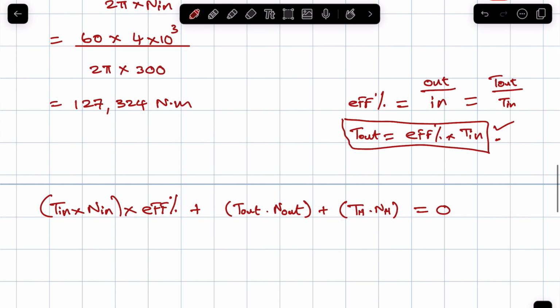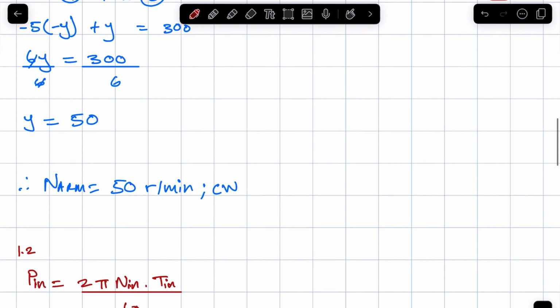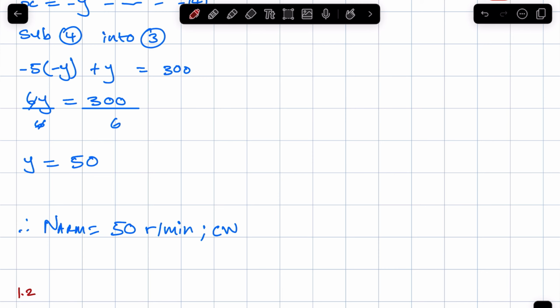Now, if you look at this one, we have T in and we have N in, we have the efficiency as well, right? We are looking for T out, we have the rotational frequency of the output shaft. Remember, we calculated the rotational frequency of the arm, and we know the arm is being carried by the output shaft.